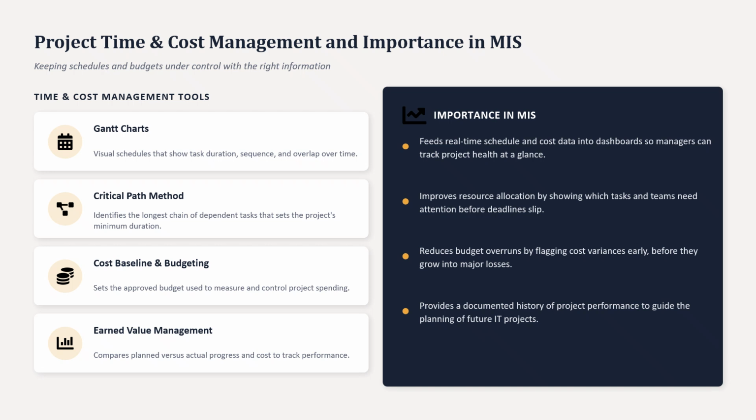They reduce budget overruns by flagging cost variance early, before it grows into a major loss. And they provide a documented history of project performance to guide the planning of future IT projects.